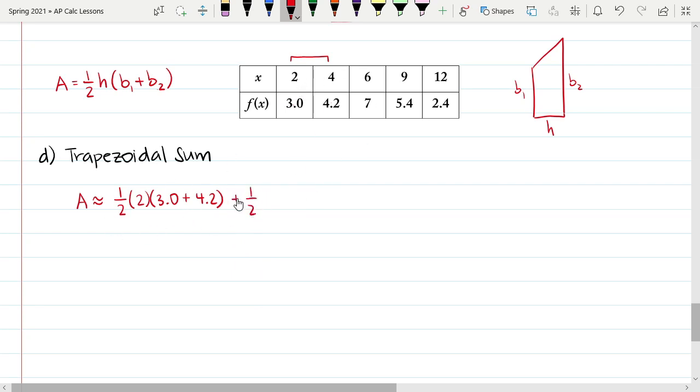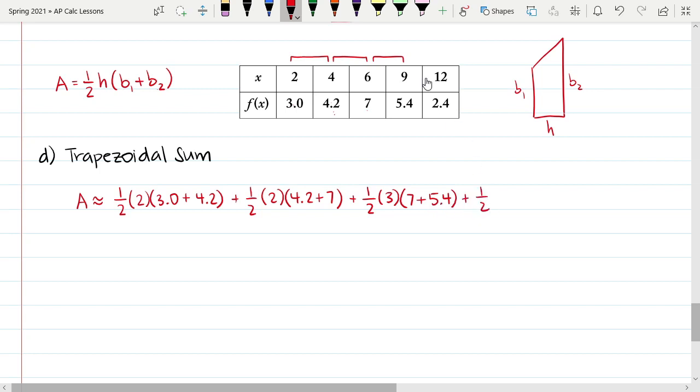Okay, for the second trapezoid, again, it's going to be 1/2 times the height. Now the height is 6 minus 4, so once again, that's going to be a 2. Times the sum of the two bases. So that's going to be the sum of 4.2 and 7. For the third trapezoid, now we're going from 6 to 9, so that's 1/2 times 3 times the sum of those two bases, so that's going to be 7 plus 5.4.